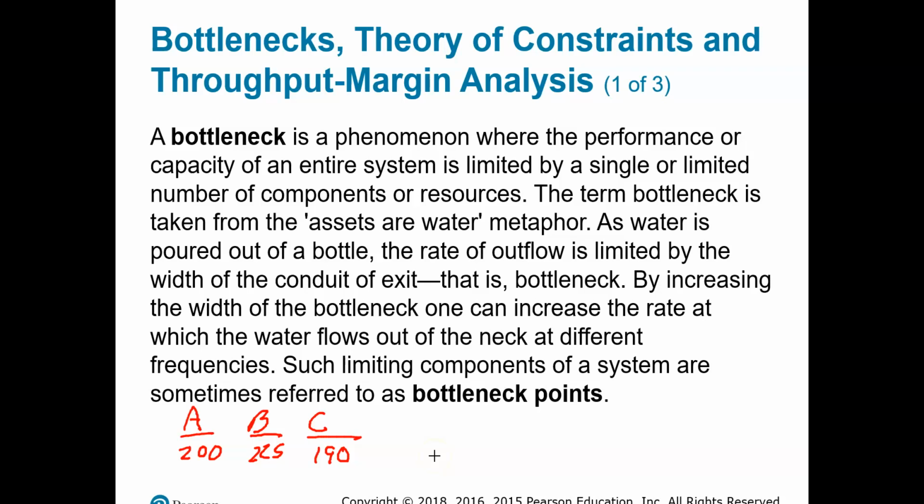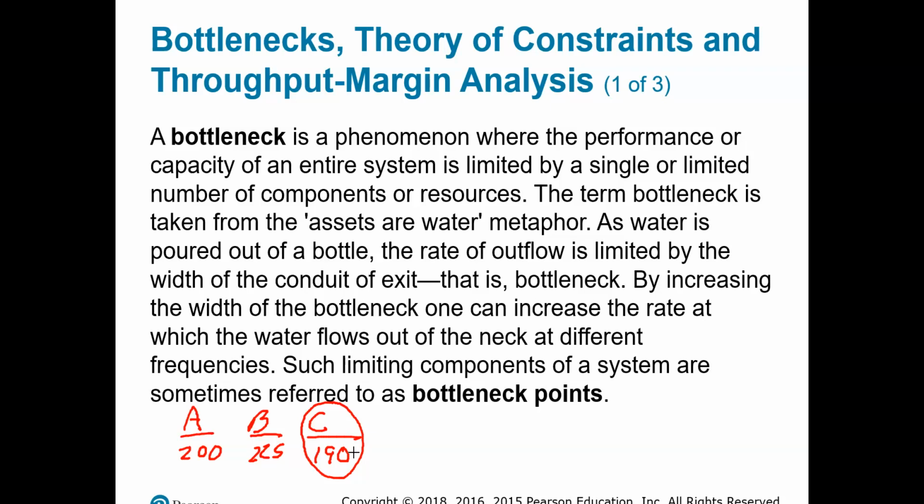My bottleneck operation is going to be the operation which constricts it to the lowest amount of output. So my bottleneck in this situation would be Department C. Why? Because that's where I have the tightest restriction on output. I can output the fewest number of units in a shift.